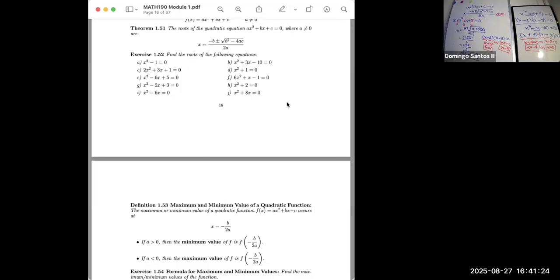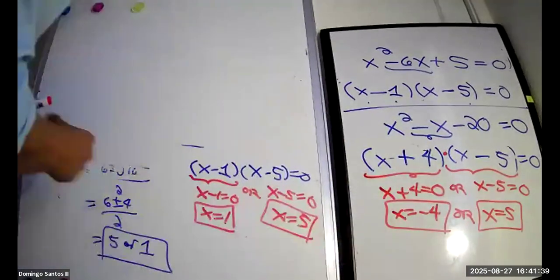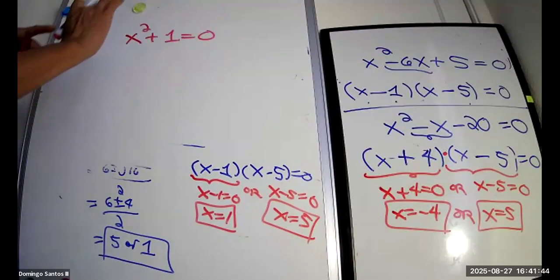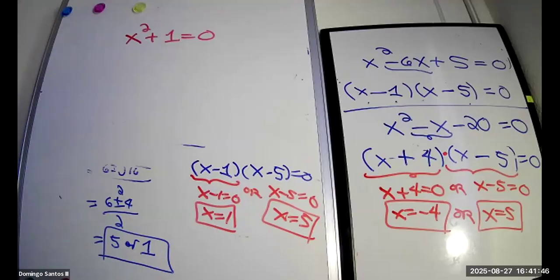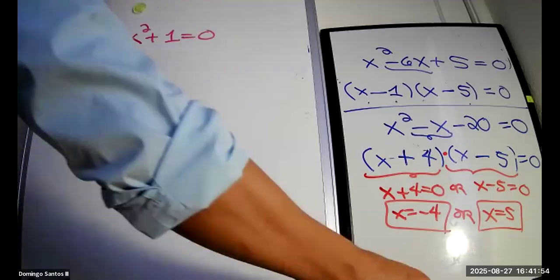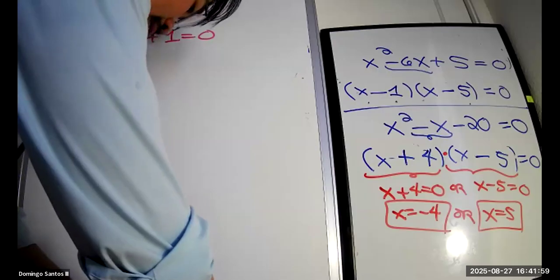Let's do letter D, x squared plus 1 equals 0. Okay, an easy way to do this is to just isolate x, but I want to do the quadratic formula to do this one, just to show you what's happening.